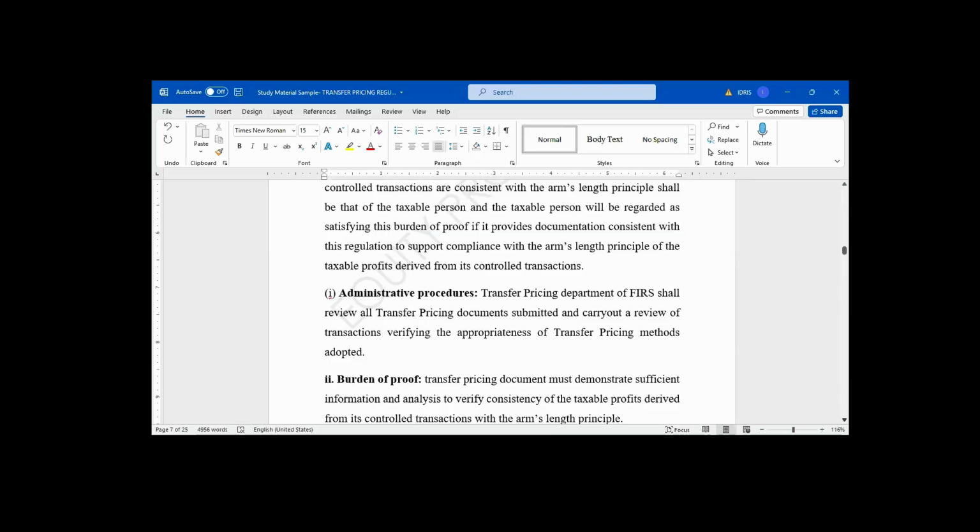When you submit your compliance report, the transfer pricing unit of the FRS will review it to verify whether it is appropriate with the transfer pricing method and in line with the arm's length principle.